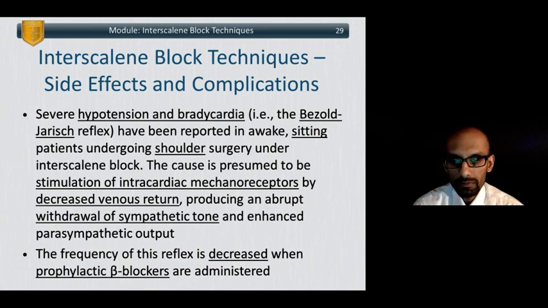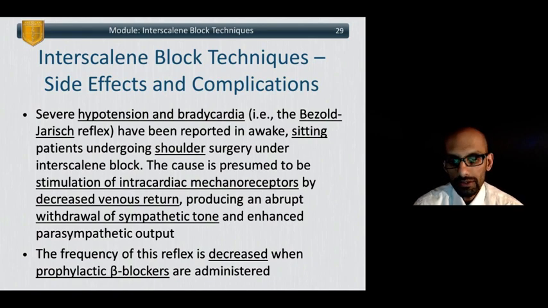Remember, you're doing interscalene blocks for shoulder surgery, and shoulder surgery is oftentimes done in the beach chair position. And so when you do this block and then begin sedation or even general anesthesia for these patients, and then put them in beach chair position, you get a lot of venous pooling and loss of preload. So the combination of all these things may result in right-sided hypotension, right-sided hypovolemia, which basically induces a vagotonic response to slow the heart rate down so that it can increase filling.